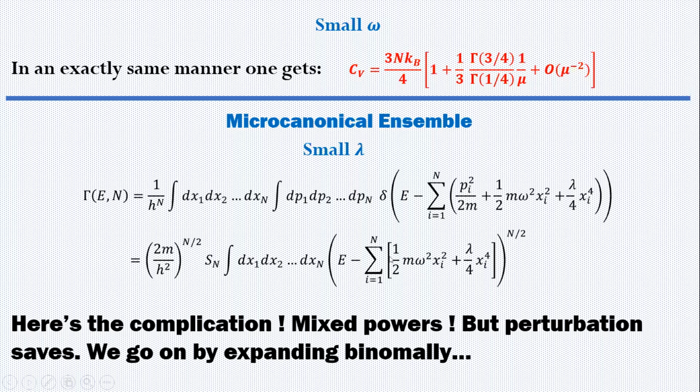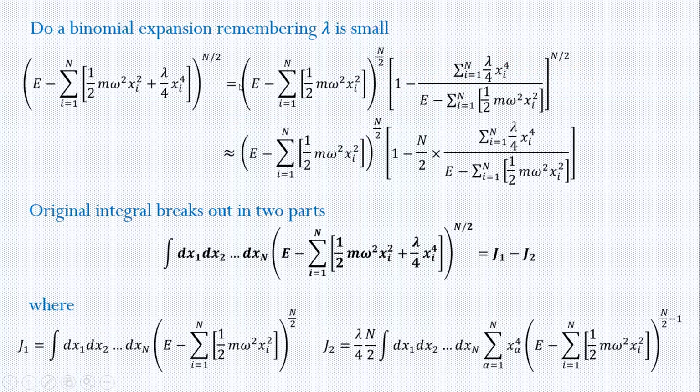So do a binomial expansion of that thing, take this part common from the whole thing, and you get this. And here is the approximation: (1 plus x) to the n is 1 plus nx plus n(n minus 1) by 2 factorial x squared. We just keep the linear term. So the original integral breaks down into two parts. J1 is just this part, and J2 is with this part.